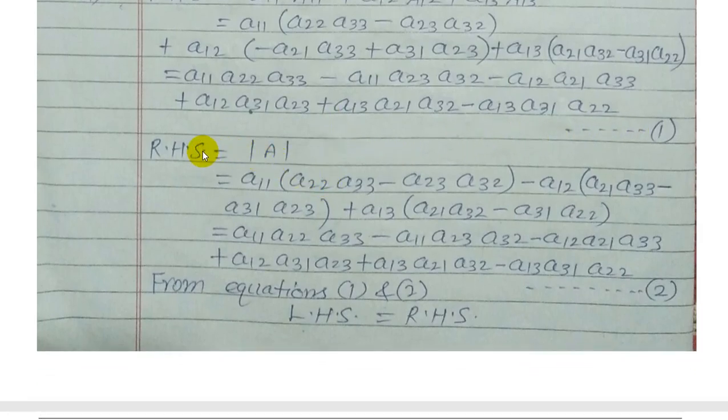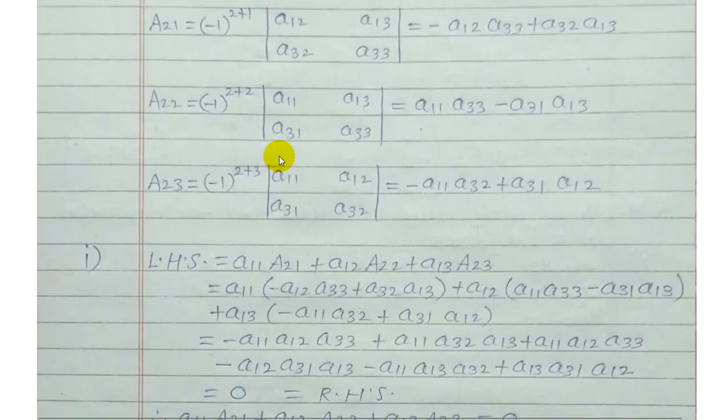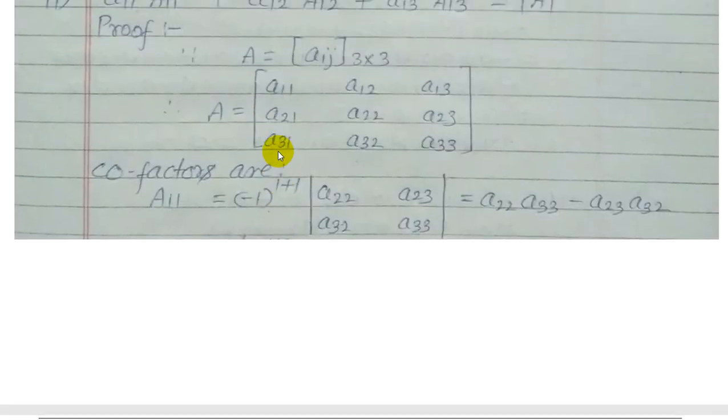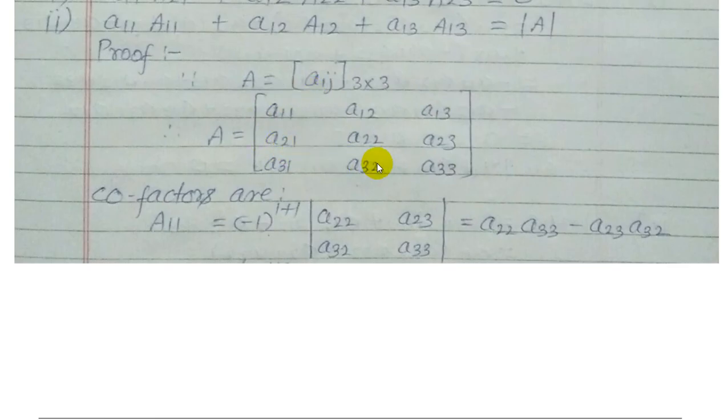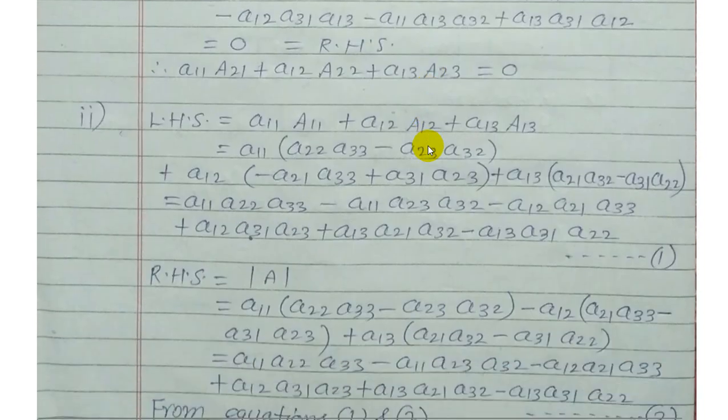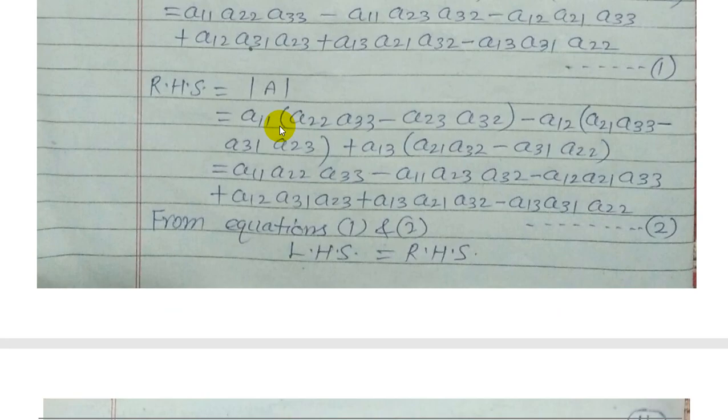Now we find the determinant of A, the RHS, so expand it. Determinant of A means find the determinant of this matrix, expand it by determinant. After expansion, we get A11 into (A22, A33 minus A23, A32) minus A12 into (A21, A33 minus A31, A23) plus A13 into (A21, A32 minus A31, A22).